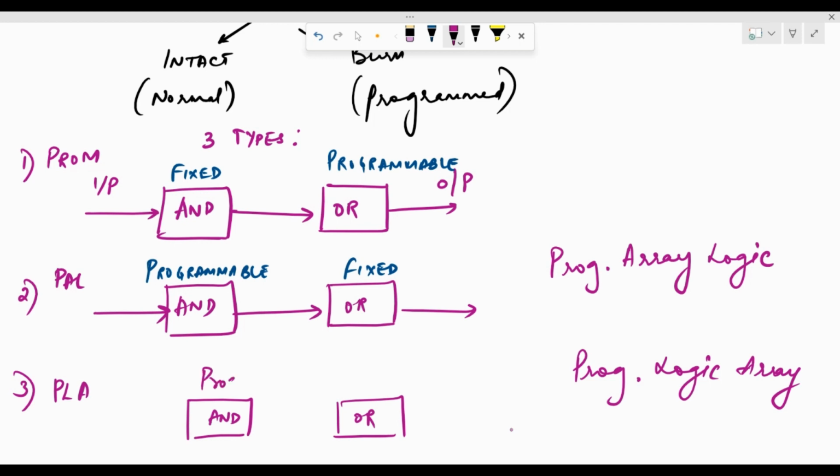So this is also programmable, this is also programmable. None of them are fixed. So using this information, we can actually use these devices to implement logical expressions. Like how we used the multiplexer to implement logical expressions, we can also use the PROM, PAL, and PLA for implementing logical expressions.